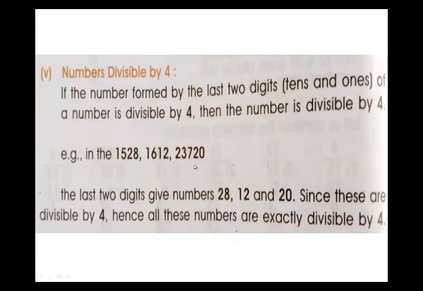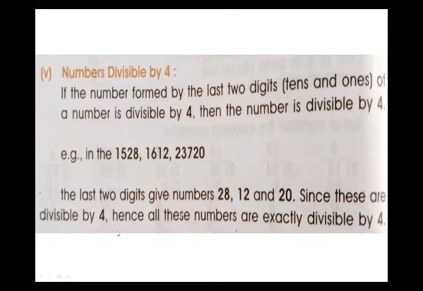Similarly, for this number, we first pick the last two digits and divide by 4. If the last two digits are divisible by 4, then we say that the whole number, 23,720, is also divisible by 4. The same wording which we already explained is given in your book example.